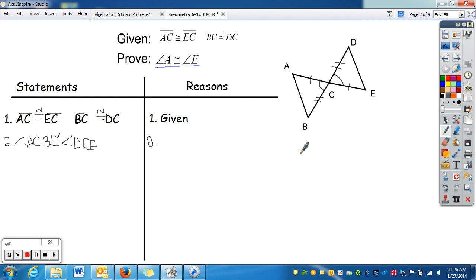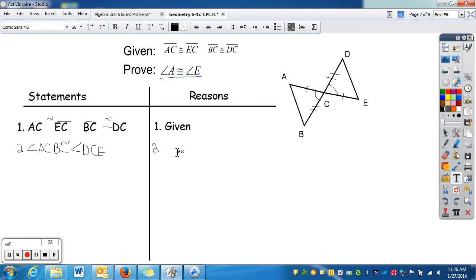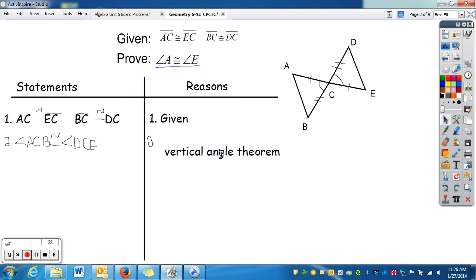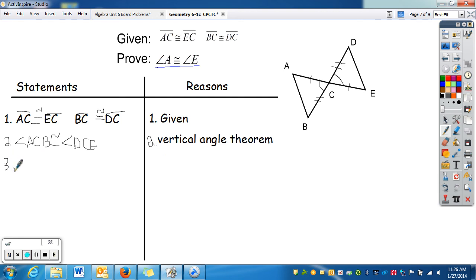Why do I know that? That is the vertical angle theorem. Now I have my 3 congruent statements, so I can state my triangles are congruent.